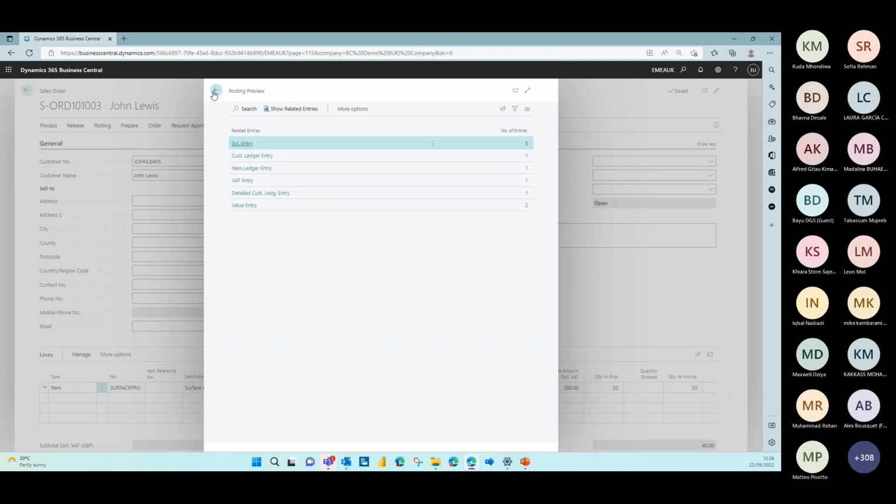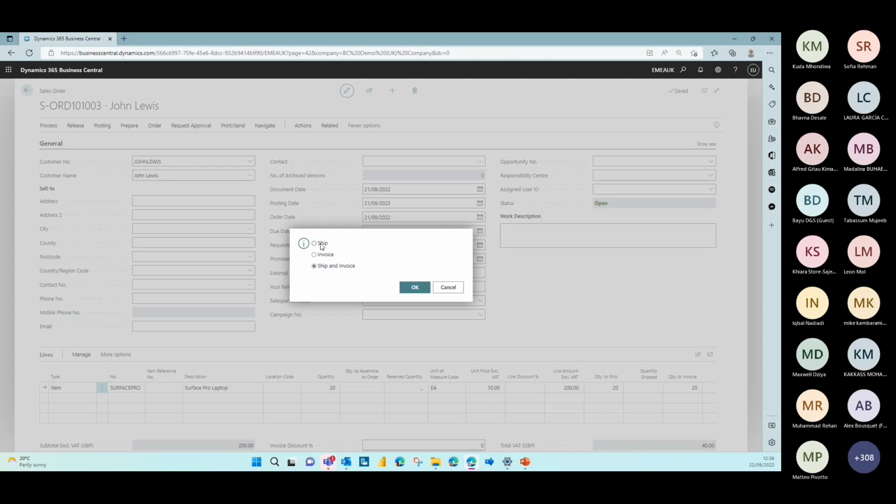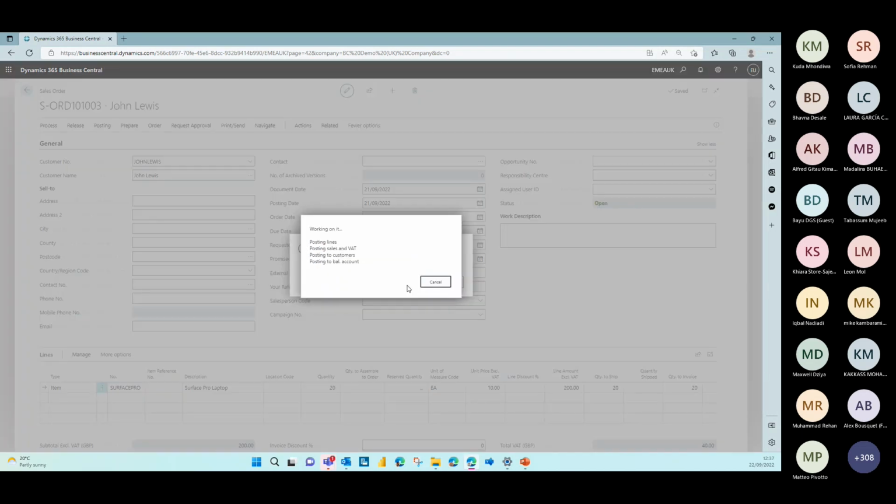So if we post this now, and again, remember, if I just post ship, it will then post to the interim account rather than to the inventory account. And this is where it'll do all the accruals for you, like we talked about, right? If you then, at a later stage, invoice, it will reverse out of the interim account and put it to the inventory account. Okay, so we're gonna do this.